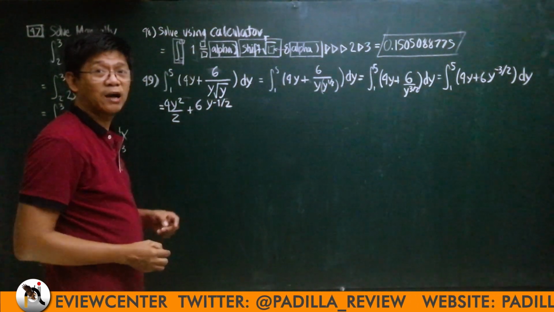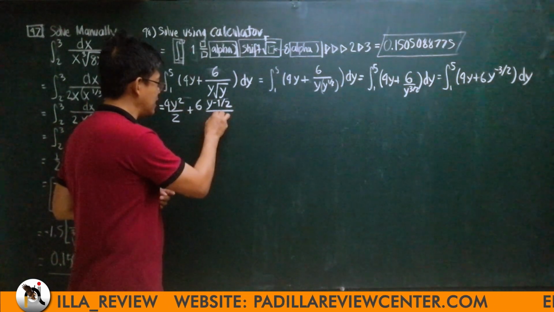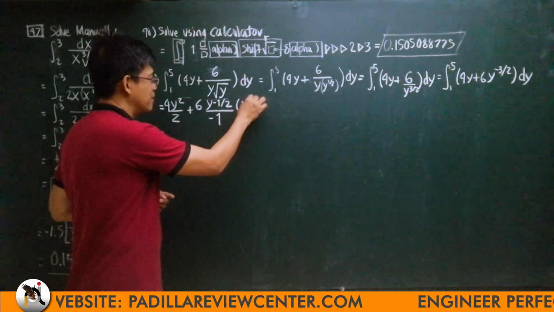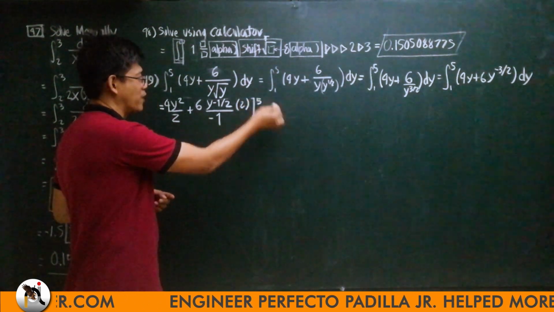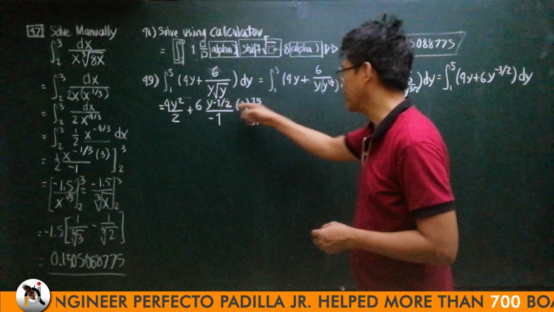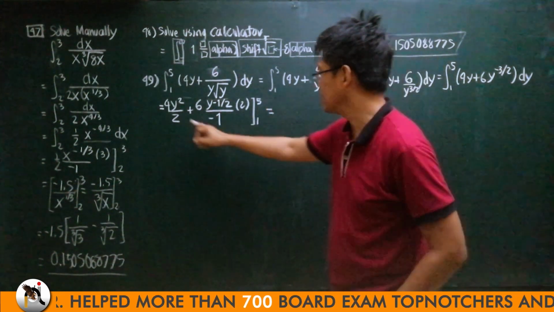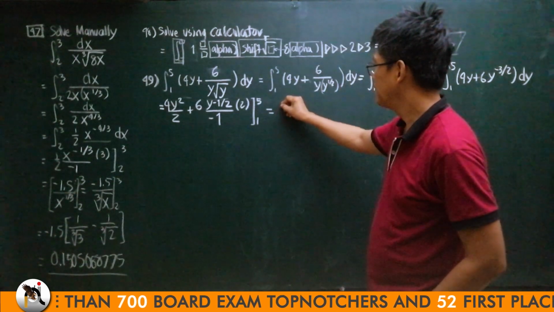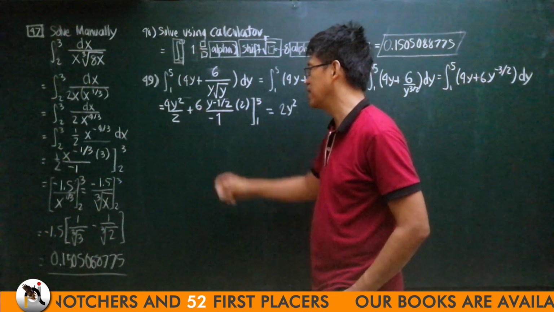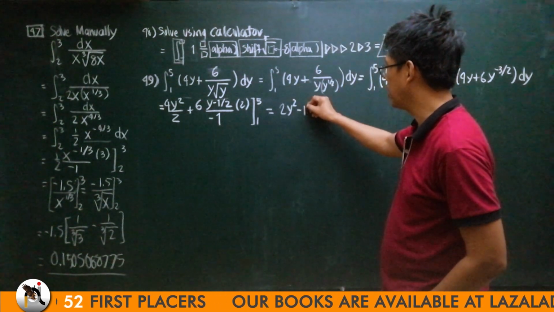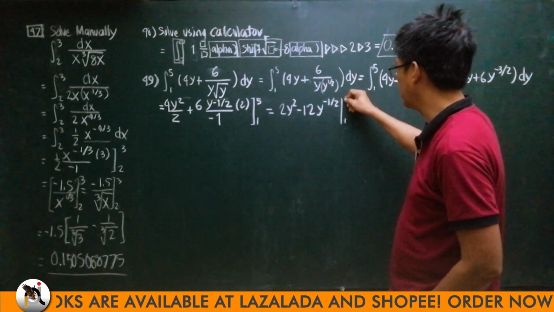So, minus 3/2 plus 1 is minus 1/2, over minus 1/2, with limits from 1 to 5. Okay? I will be moving horizontally, ha? So, simplifying this is going to be 2y squared, and 6 times 2, 12 over negative 1, minus 12 y to the minus 1/2 from 1 to 5.